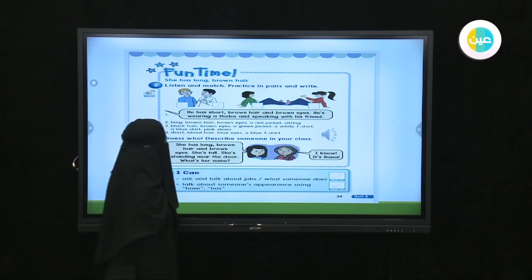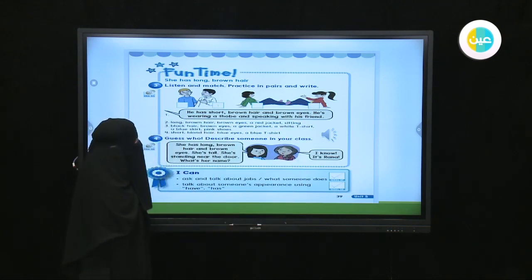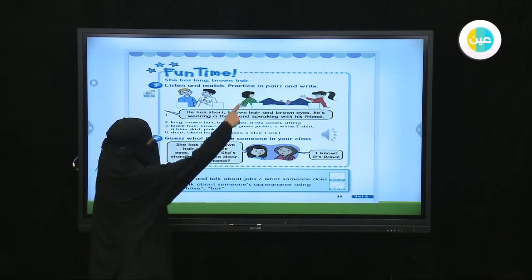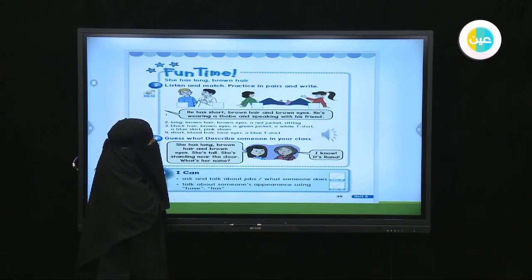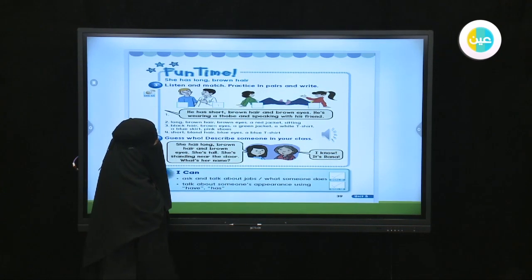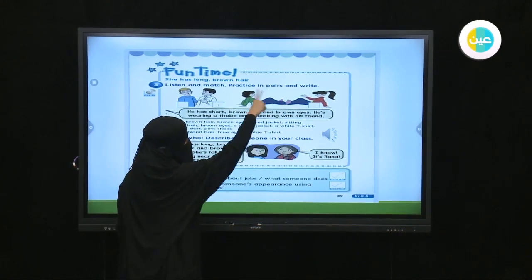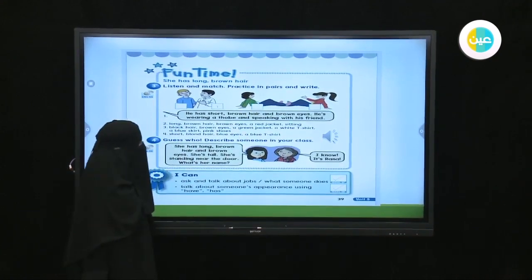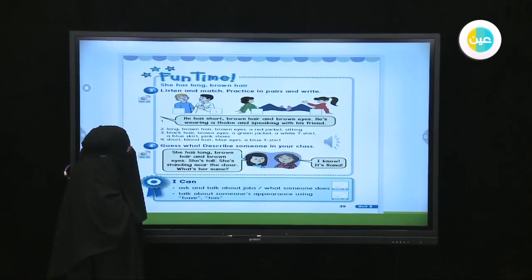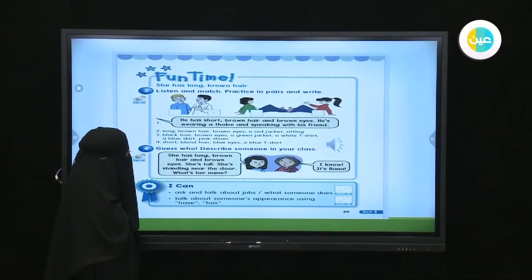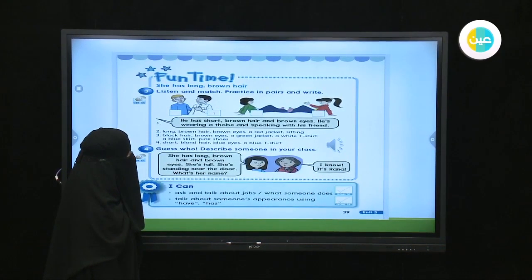Yes, 2. Number 3. She has black hair and brown eyes. She's wearing a green jacket, a white t-shirt, a blue skirt, and pink shoes. So it's number 3. Number 4. He has short blonde hair and blue eyes. He's wearing a blue t-shirt.